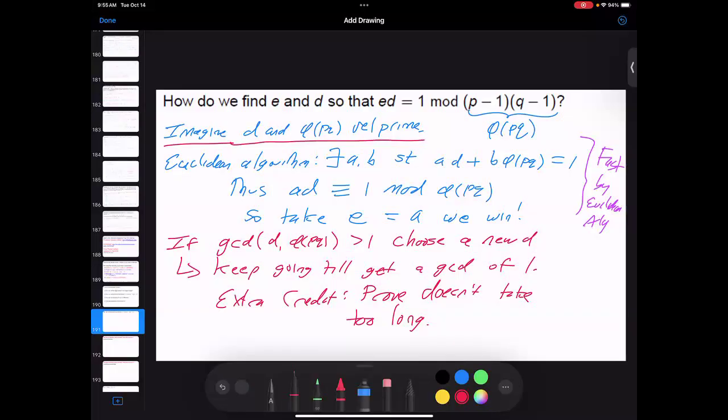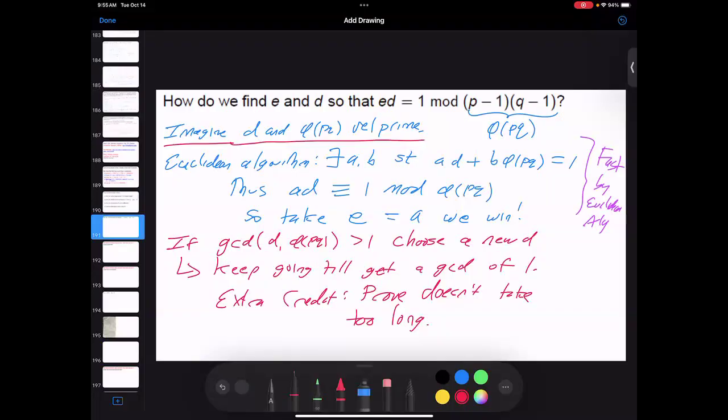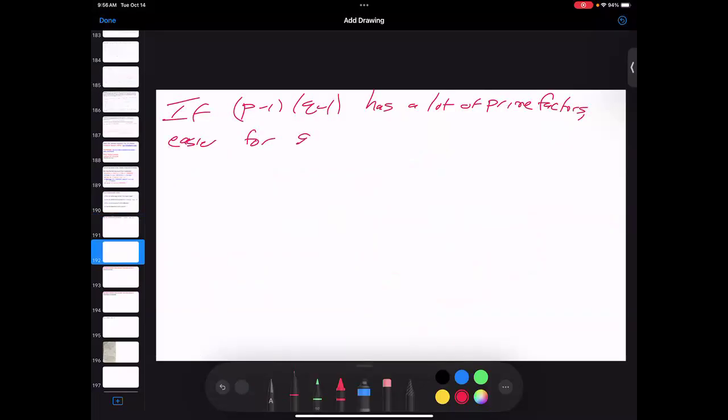If you were able to do that, then you might be able to find a D much easier. So for example, if P minus 1, Q minus 1 has a lot of prime factors, it's easier for the GCD to be greater than 1.